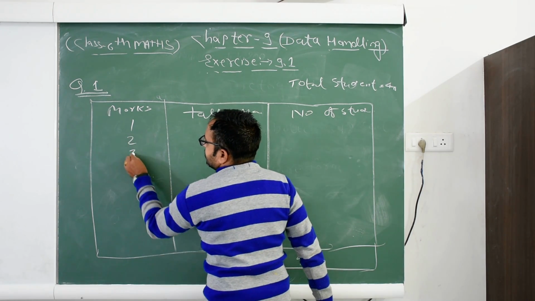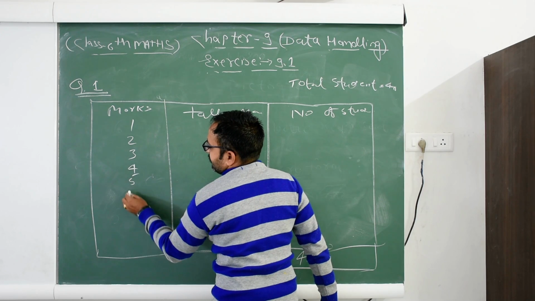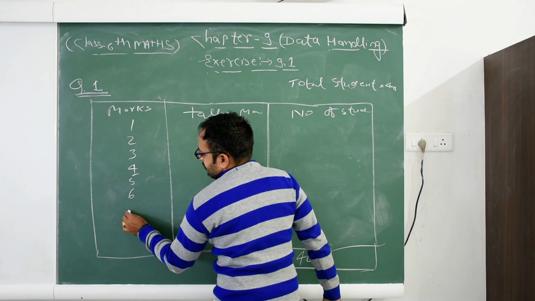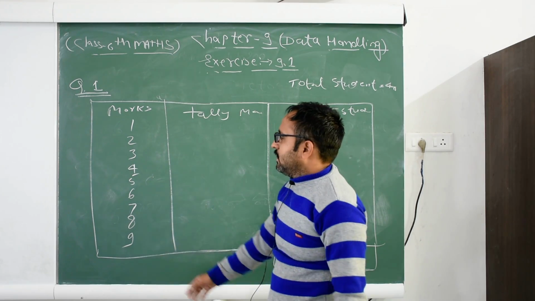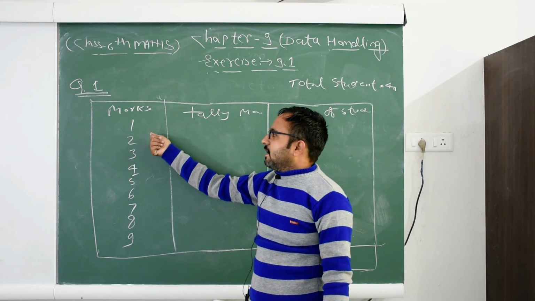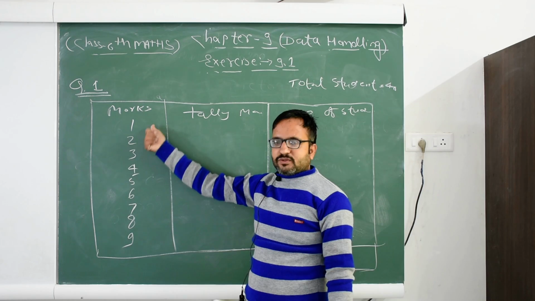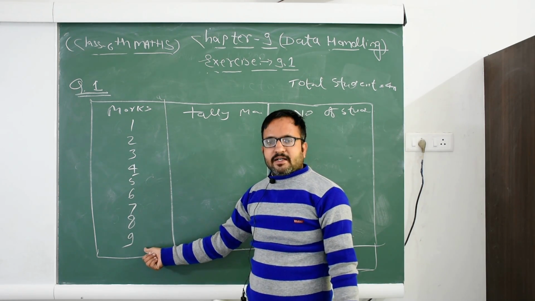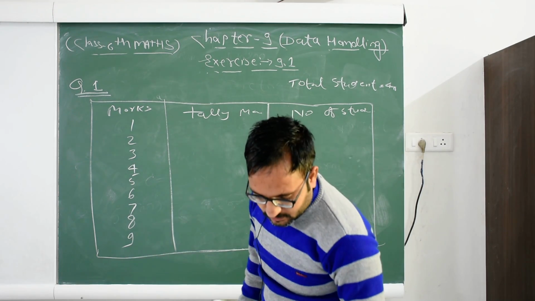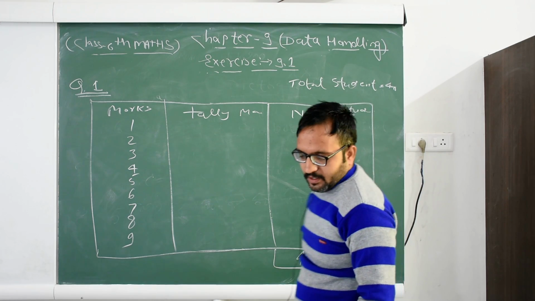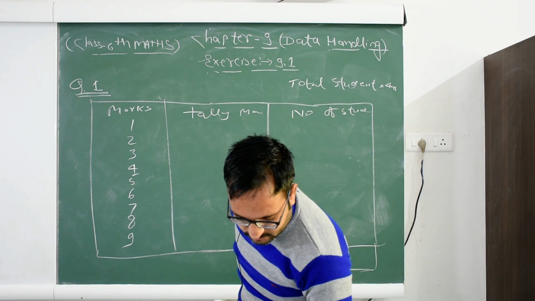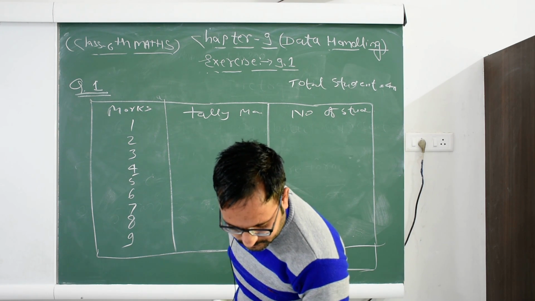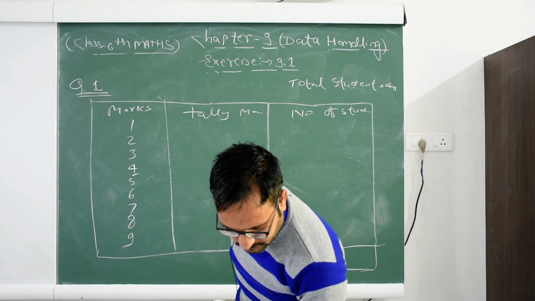So 1, 2, 3, 4, 5, 6, 7, 8 and 9. So students obtained minimum marks as 1 and maximum marks as 9. Now we count how many number 1 are available. So first is 1, 2.